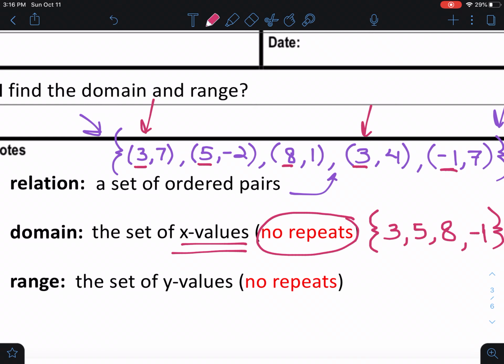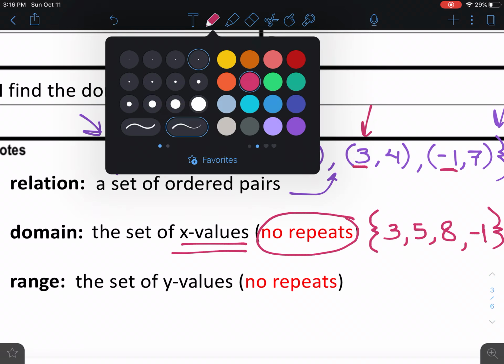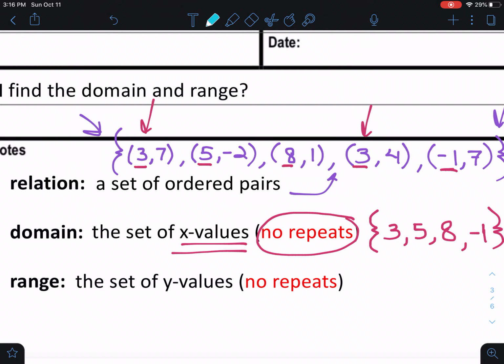Okay, now range is your set of y values. And once again, when you write these, you need to write them without any repeats in the y's. So our y's here, I'm going to make my set bracket. Okay, my y's is 7, -2, 1, 4, and then 7.